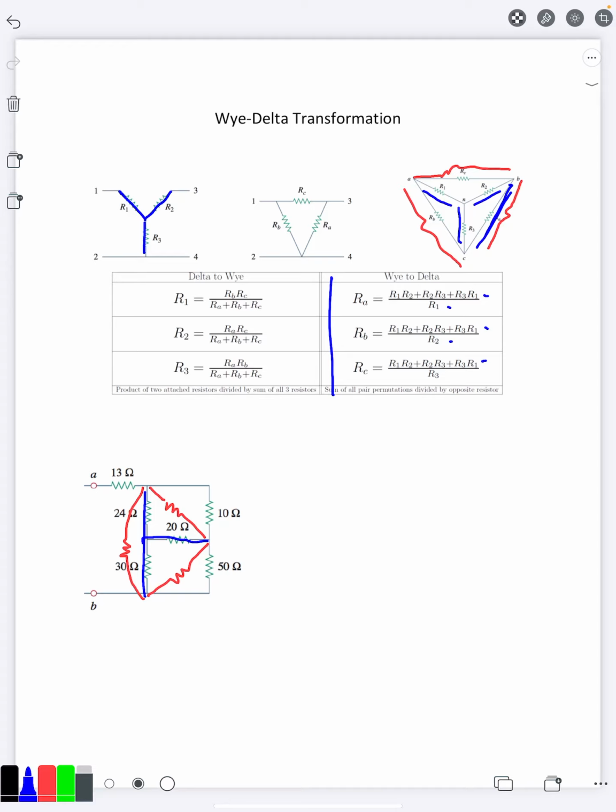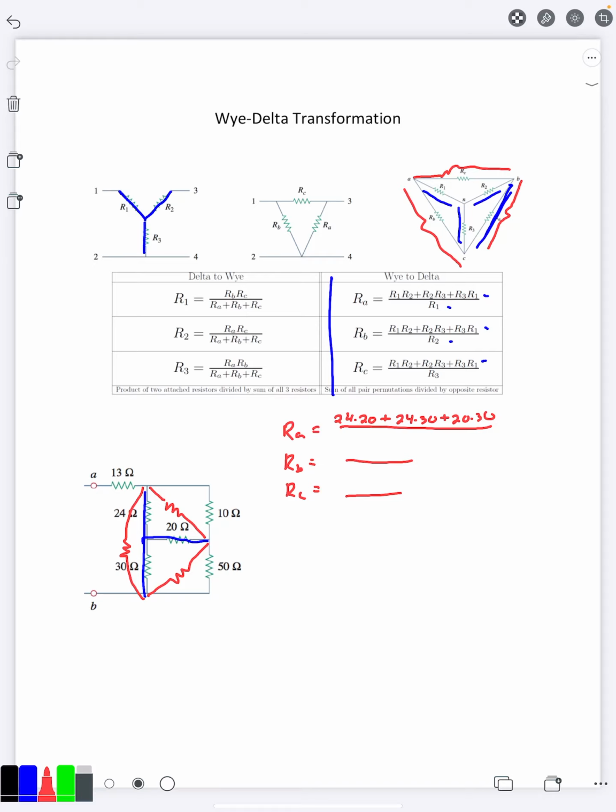Okay, so first off, we're doing RA, RB, RC. All 3 of them are going to have the same numerator, which is the product of all the different pairs of the resistors in blue here. So 24 and 20, 24 and 30, and 20 and 30. And again, that number is going to be the same number on top of all of these.